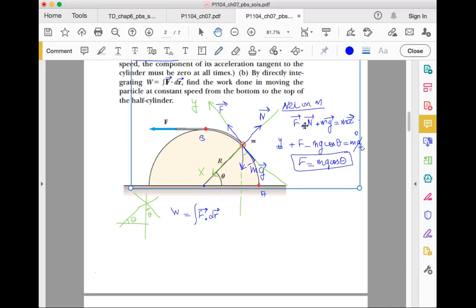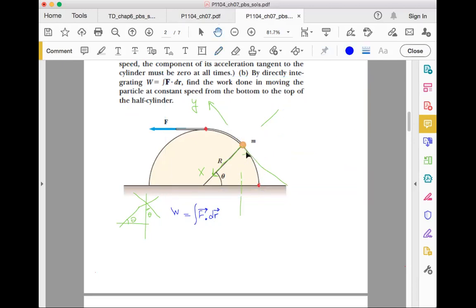So let me just remove these pictures and then I will draw here. Imagine a particle is moving from any point from here to this new position, which is over here. So it will actually be at two different angles.